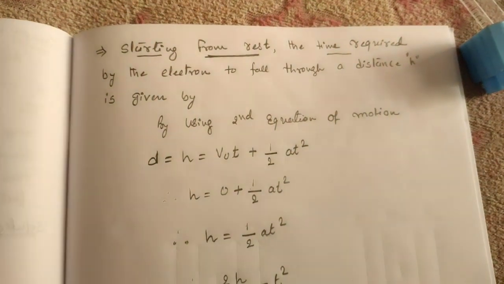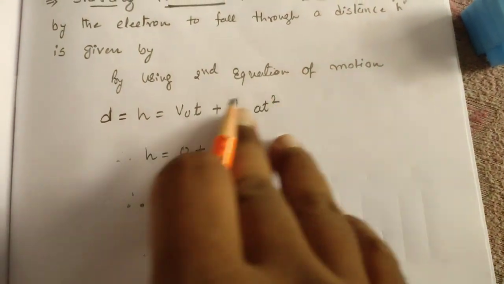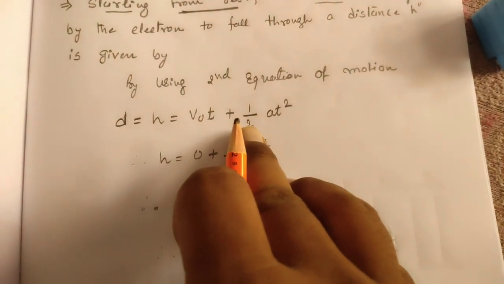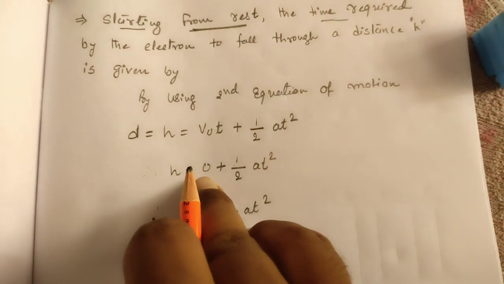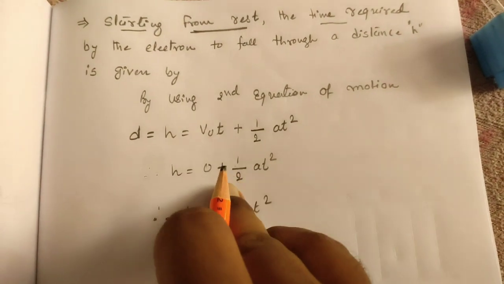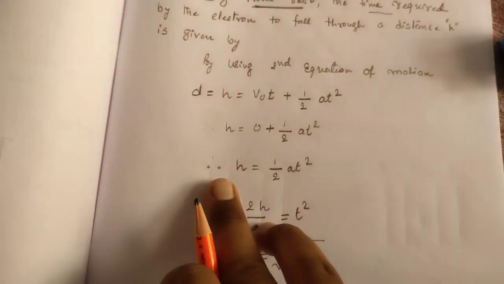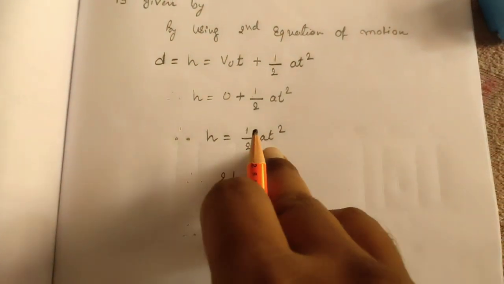Here we can go for the second equation of motion. Using the second equation of motion, h equal to v0t plus half at squared. The initial velocity is 0, so 0 multiplied by time is 0, and we get h equal to half at squared.